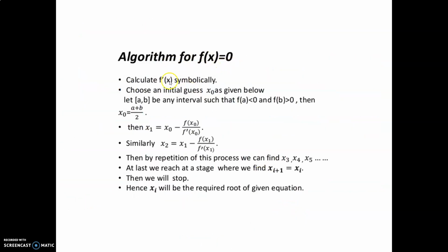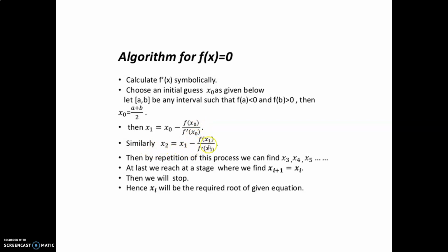Algorithm for f(x) = 0. Calculate f'(x) symbolically. Choose initial guess x0 as given below. Let [a, b] be a closed interval such that f(a) < 0 and f(b) > 0. Then x0 = (a + b)/2, approximately; we have to consider using the bisection method. x1 = x0 - f(x0)/f'(x0).